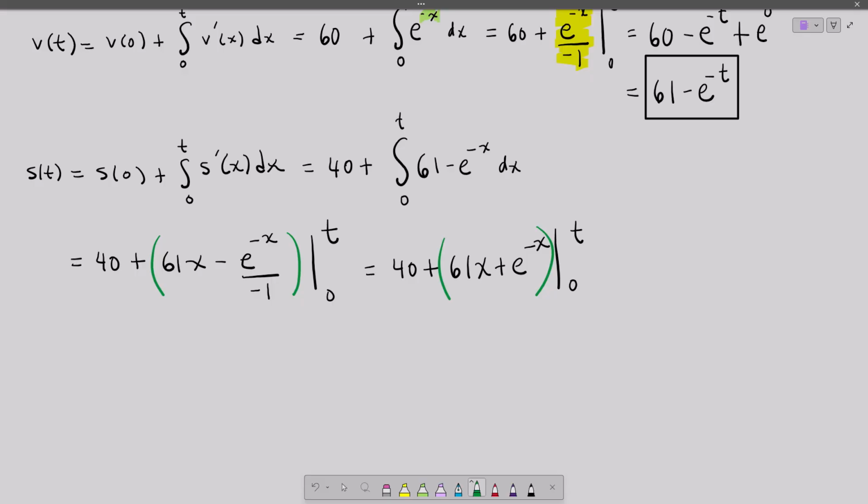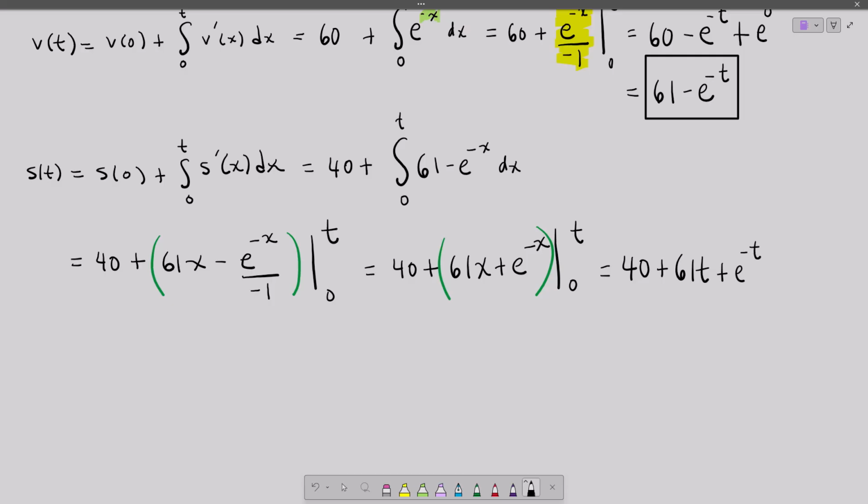So this is our antiderivative right there. 61x, e to the negative x, but you divide by -1, which makes that positive. And then we can plug in to our antiderivative, not the 40, 40's out in front. Plug in the t and we'll get 61t plus e to the negative t.